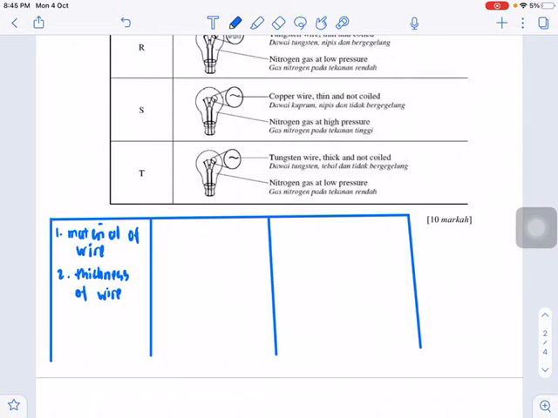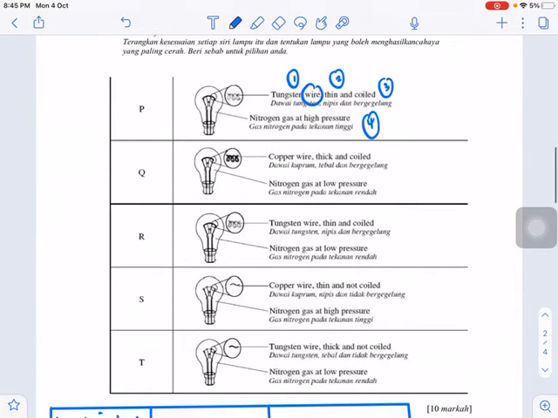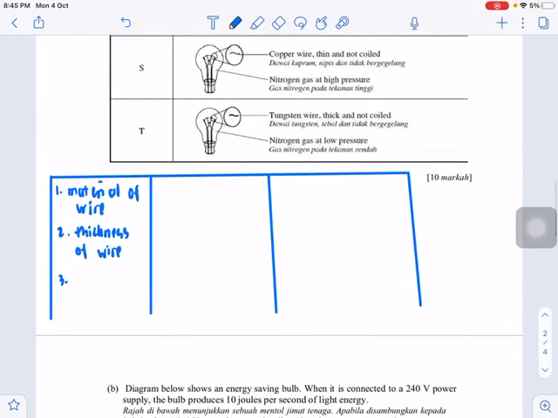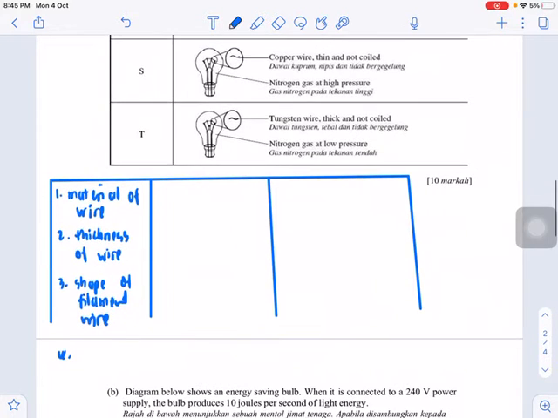Thickness of filament wire. Yang ketiga apa tadi? Tu coil ataupun not coil. Coil ataupun not coil tu dia punya aspek dia apa, shape. Okay, boleh lah. Shape of filament wire. Okay, yang keempat pressure of the gas. Pressure of nitrogen gas. Okay.